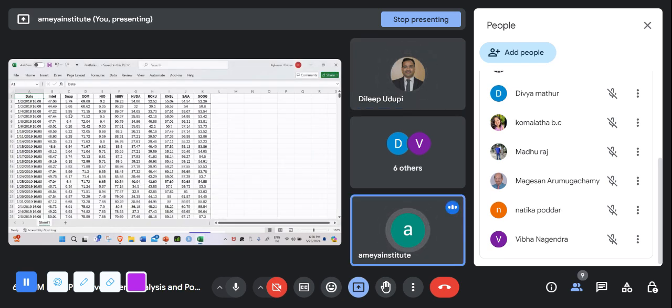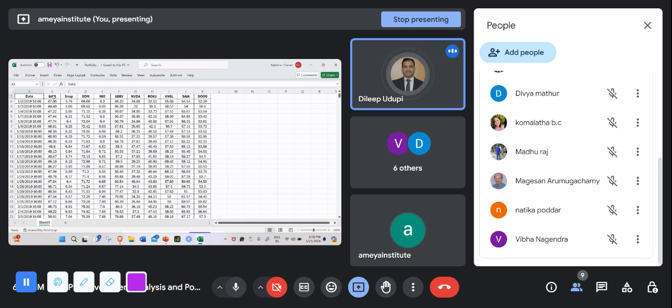Yesterday I think I shared the portfolio data, right? Okay. I'll download. Can everyone see my screen? This one. Yes, sir. Okay. So the logic we were applying, we'll apply the same logic here also, okay?